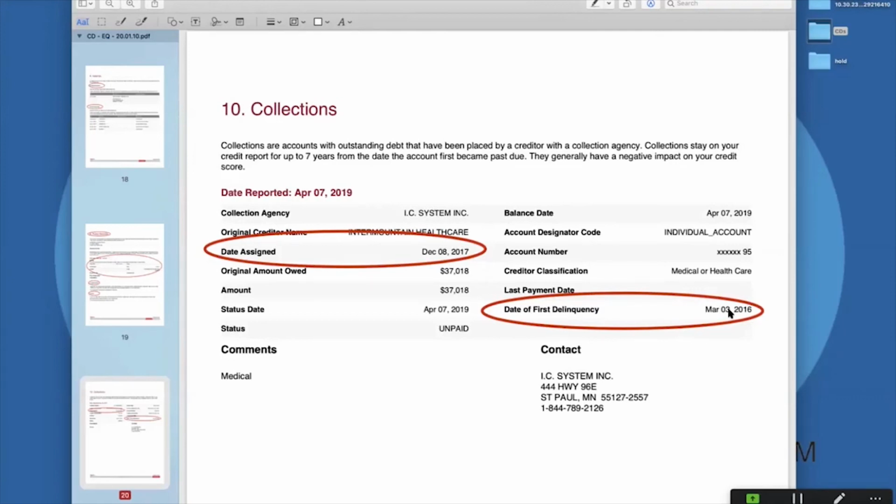It'll naturally fall off the report in 90 months from here. So that would be approximately 2016, 2017, 18, 19, 20, 21, 22, 23 plus 6 months. So it would be March 23. So approximately September of 2023. All right.